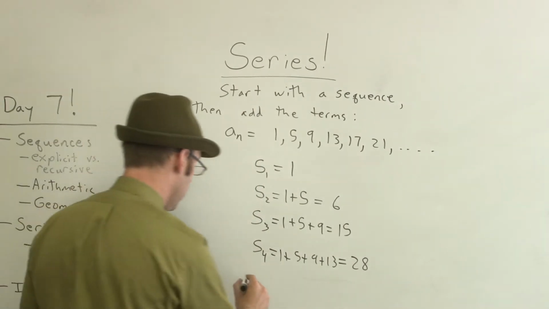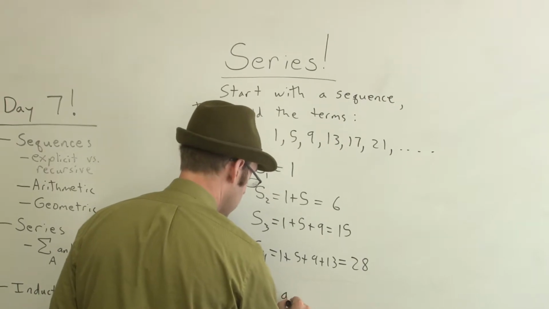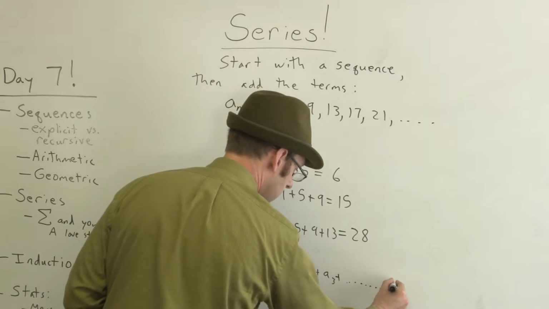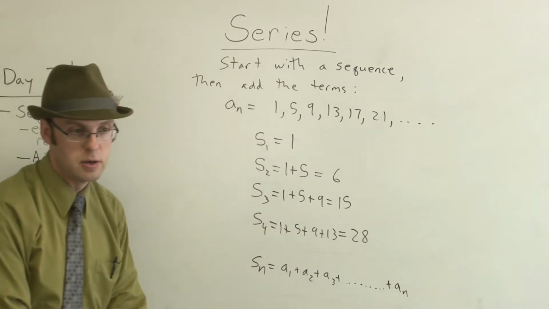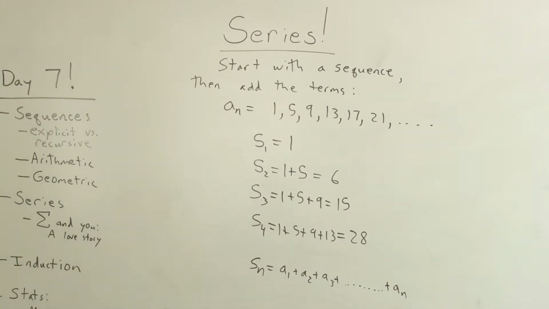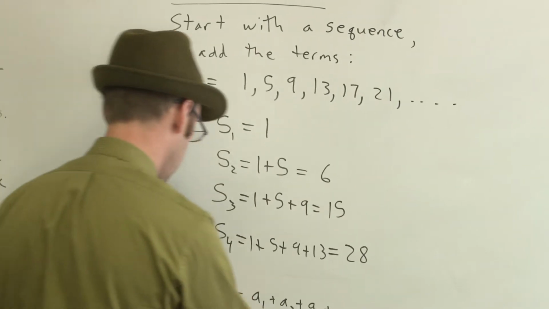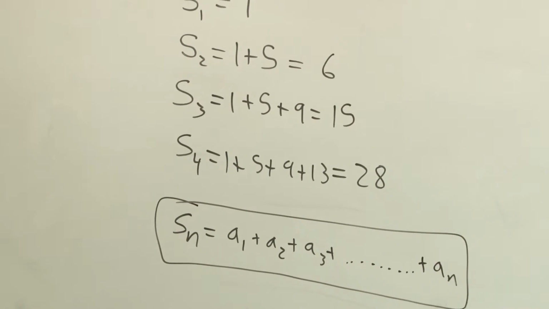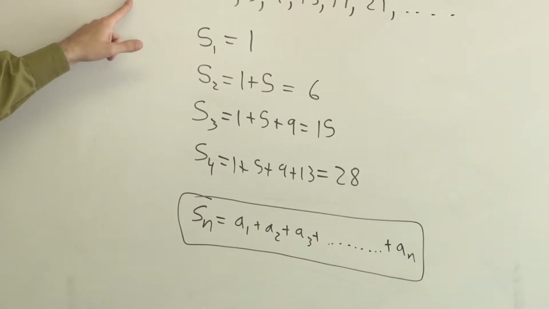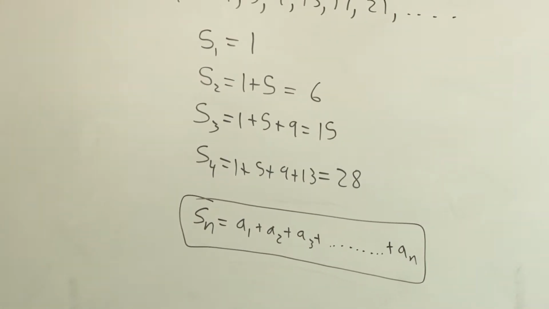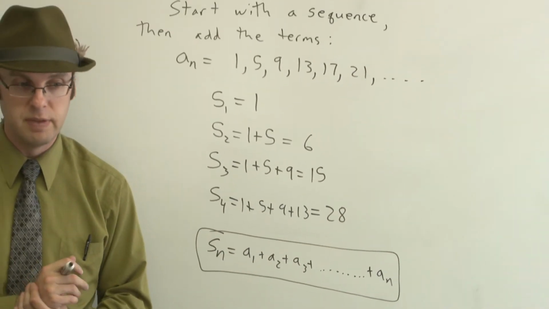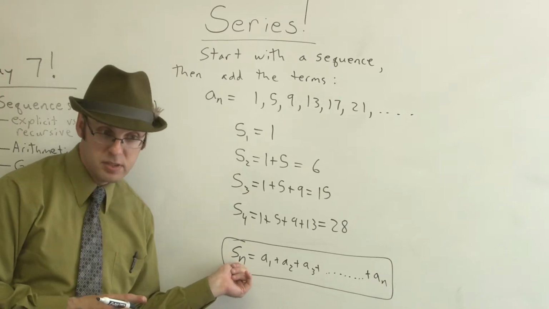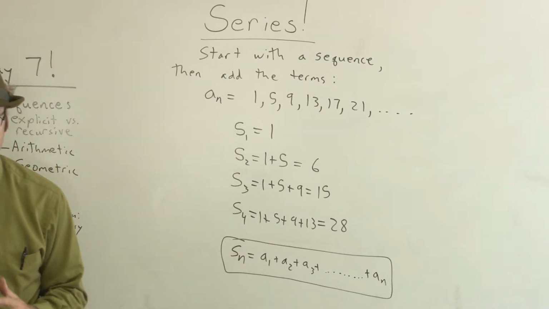So in general, Sn is A1 plus A2 plus A3 plus up to the nth term. So if I want a term of the series that comes from this sequence, that is just adding together the first n terms of that sequence. So it's all about adding together.